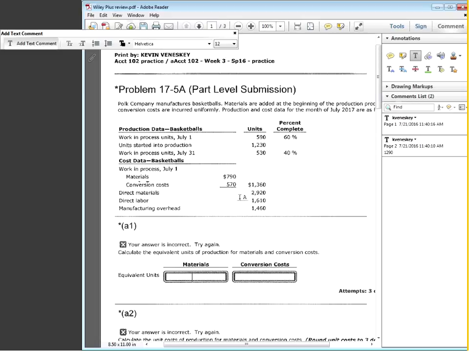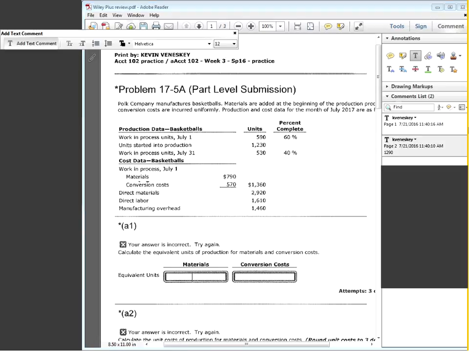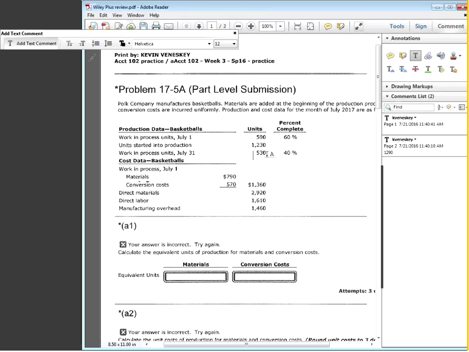Now for materials, I want to know how many units did I actually use for material purposes. When we talked about this in our discussion in the previous video, remember all units have everything put in at the very beginning for material purposes. So actually, all 530 for material purposes were 100% done.